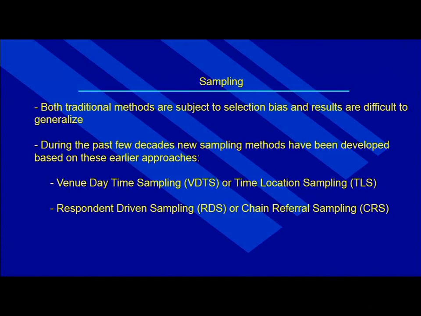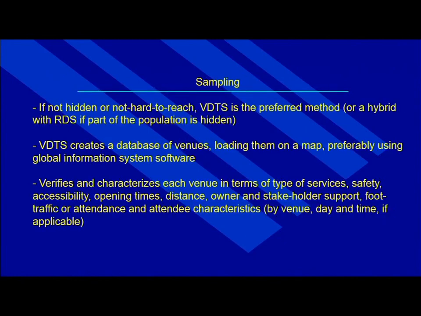It can't be, because these people are out only at nighttime. So what have you been doing? So maybe time location sampling is a better term. Another method that has come to the front in more recent years is respondent-driven sampling, or chain referral sampling.